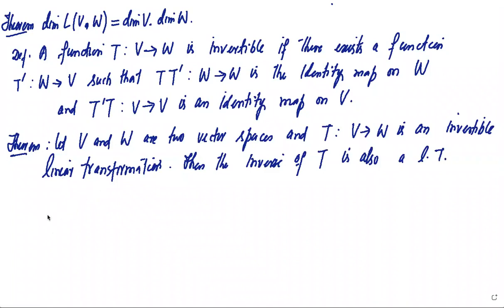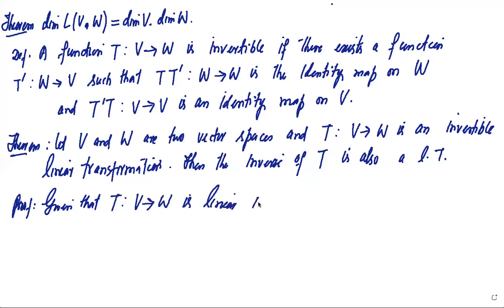तो इसका प्रूव भी करें हम या आप खुद करेंगे? Okay, so let us do the proof. So we are given that T from V into W is linear. That is, T of (alpha V1 plus V2) is always equal to alpha T of V1 plus T of V2.